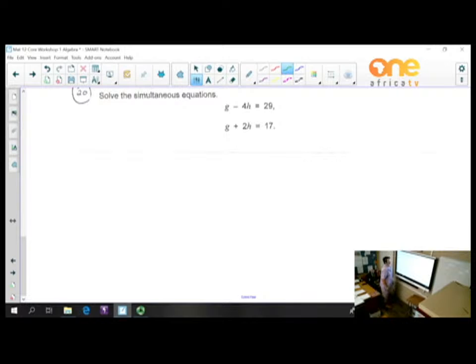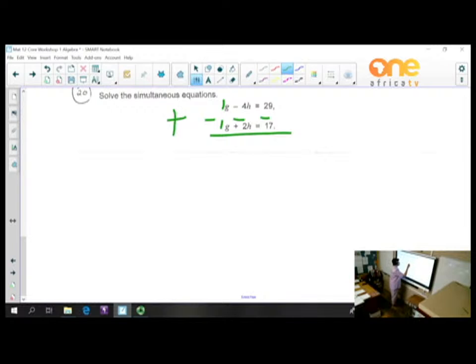Solving simultaneously again. This time I want to eliminate G because it's 1 and 1. Again, if I add it, I'm going to get a 2. So I need to subtract, and that means I change all the second signs, the whole row. You change the sign and you add.